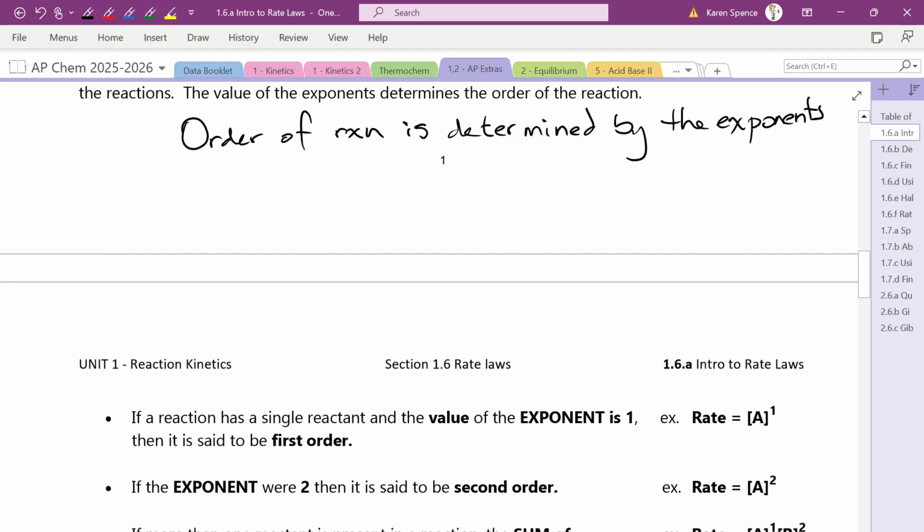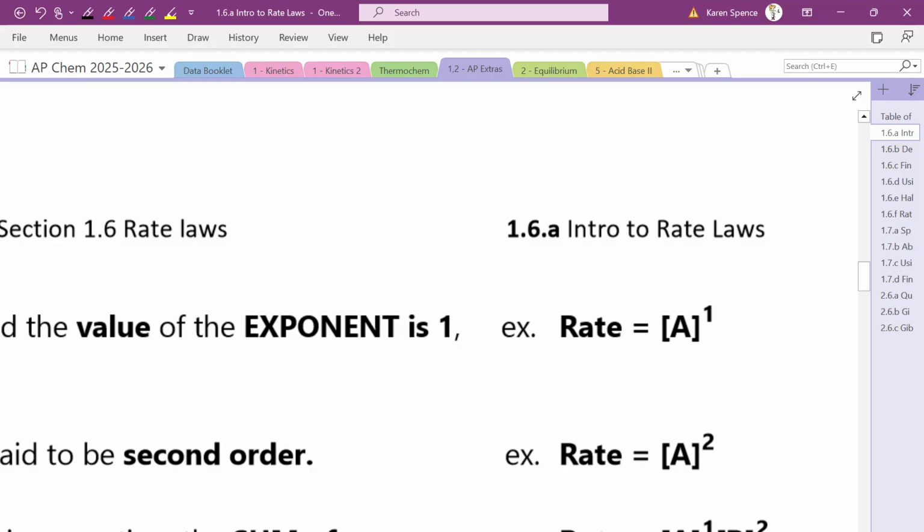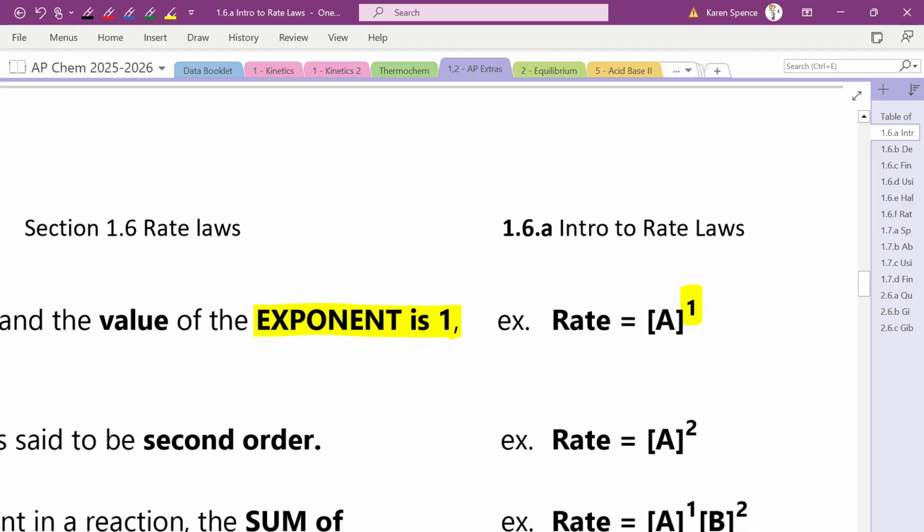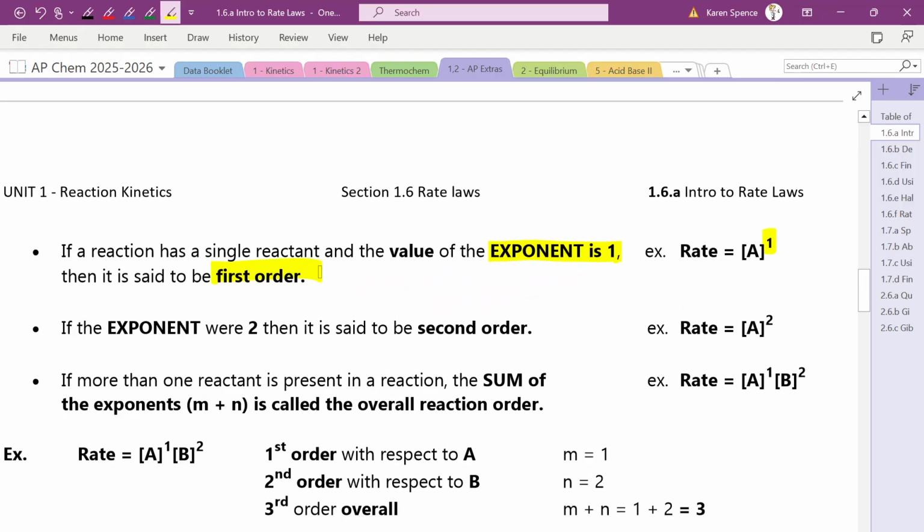And it's really easy to say what the order is. You're going to have first order, second order, third order. And actually there is a 0th order as well. So if we have an exponent which is 1, then we have first order. If we have an exponent which is 2, guess what order it is?